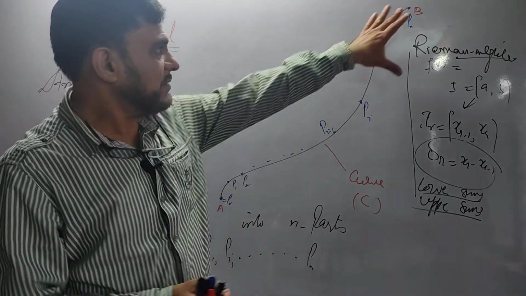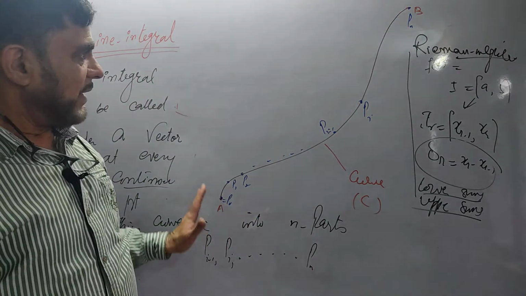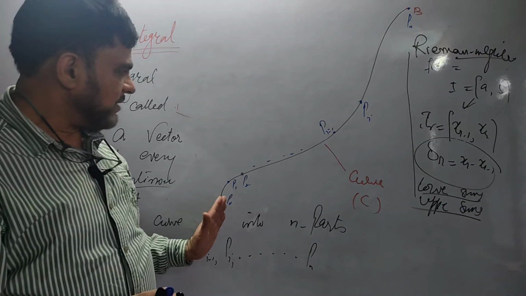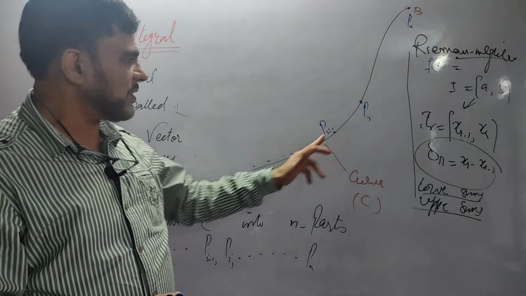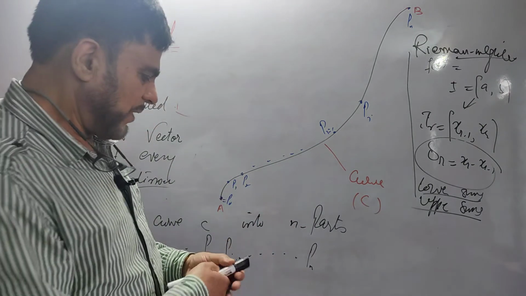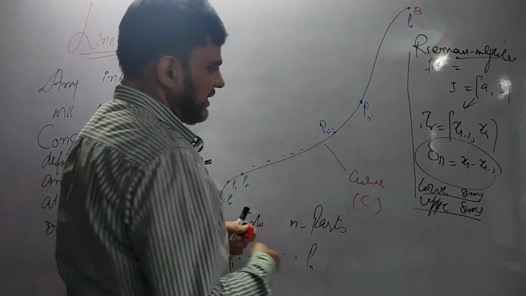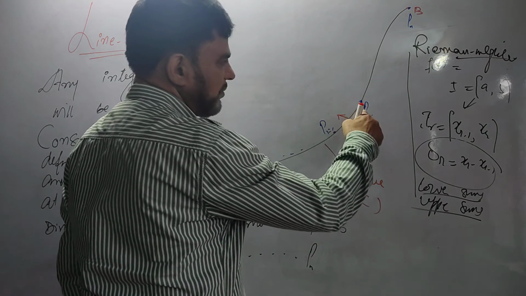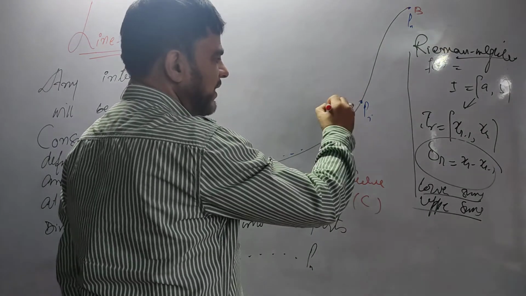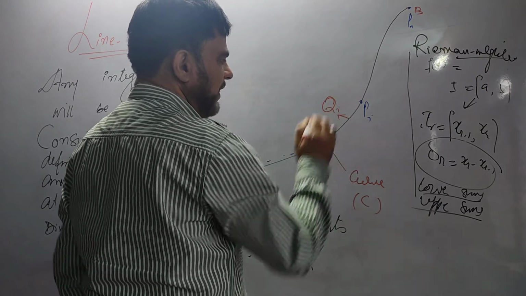We take a curve AB, we divide this into n parts by the points P0, P1, P2, Pi minus 1. Here I take a point in between, on the arc, we will say it is arc Pi minus 1 Pi. We take here some point Qi.